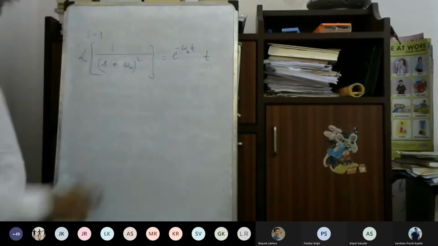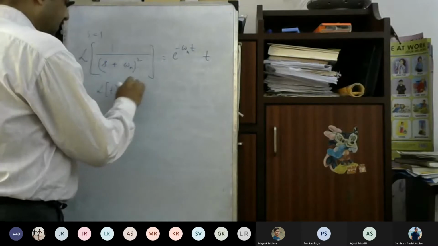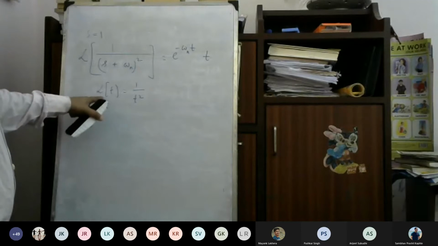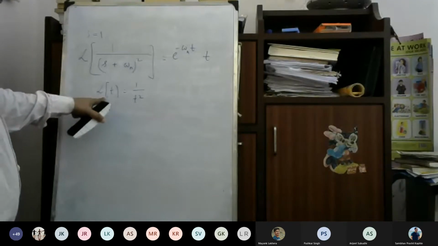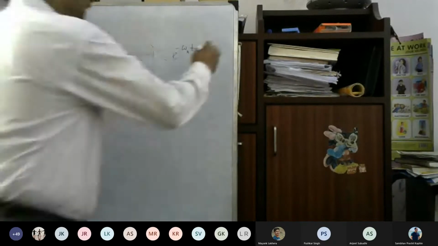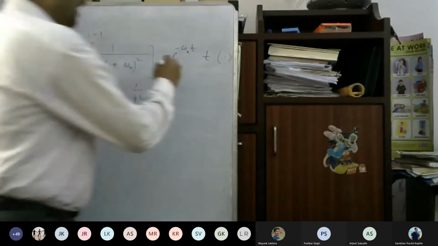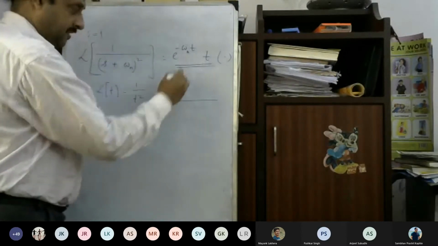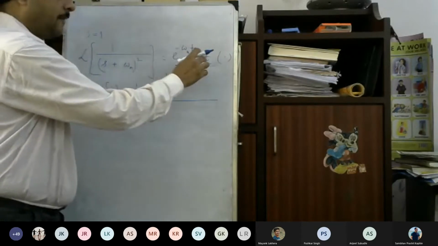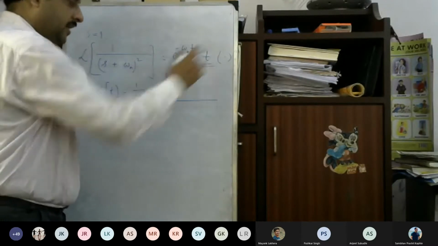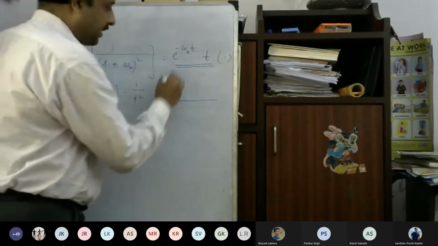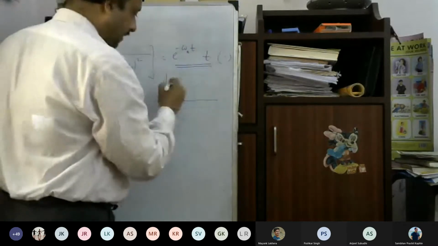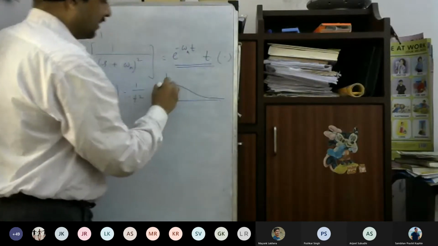Because the Laplace transform of t is equal to 1 by s square. Just check, I believe it is 1 by s square, but anyway, of this form, there may be a coefficient. What we have is that initially the response will increase in time, because when t tends to 0, the exponential term is equal to 1 and the t term is very small, so it will increase a little bit, and then eventually the exponential term will overwhelm it and the response will go to 0.